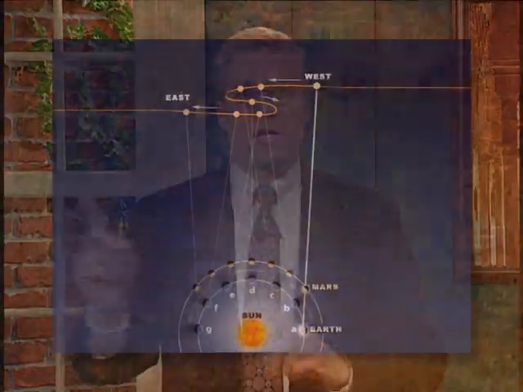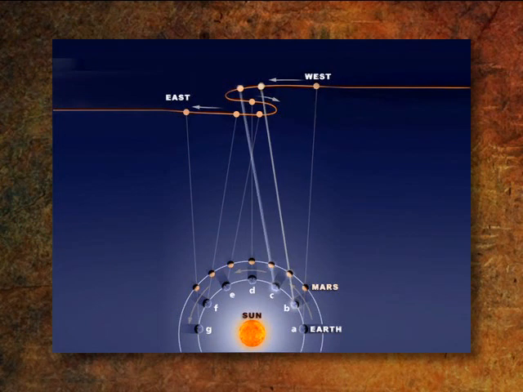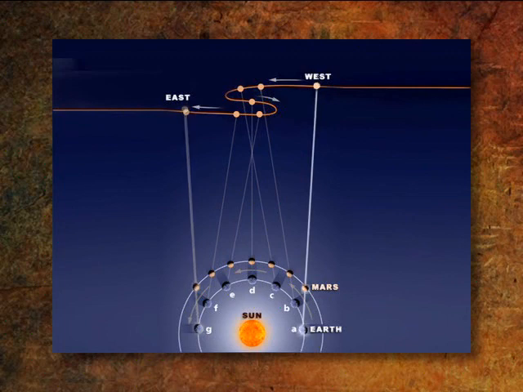If in fact we have circular motion going out in the heavens, why do the planets occasionally stop, back up, then stop again and start going in the original direction? We understand this phenomenon today because we realize that a planet such as Mars is circling the sun, not the Earth, and the Earth is also circling the sun, and the Earth is closer to the sun, and so it takes less time for the Earth to go around the sun.